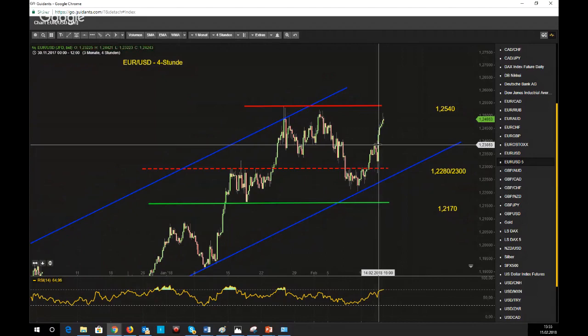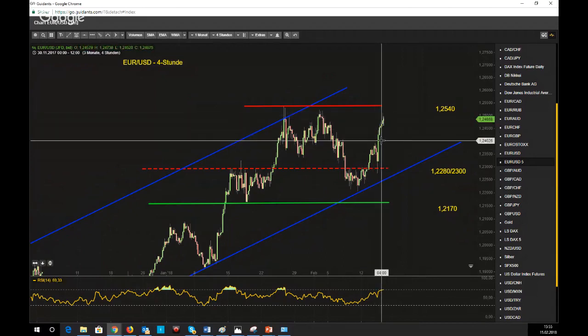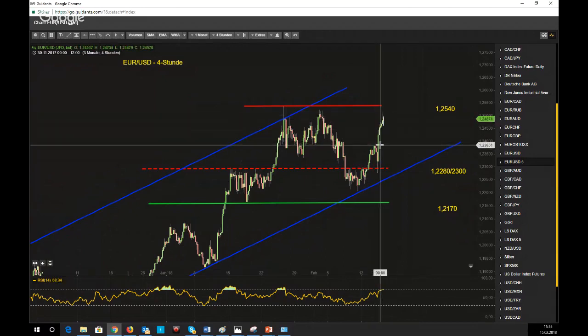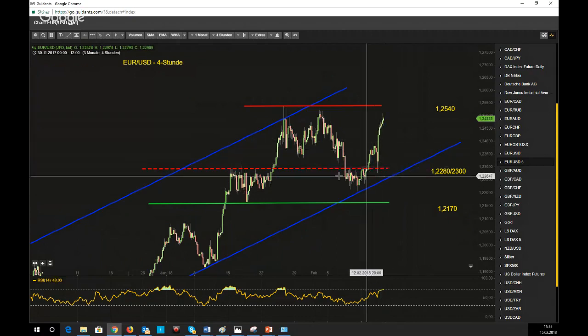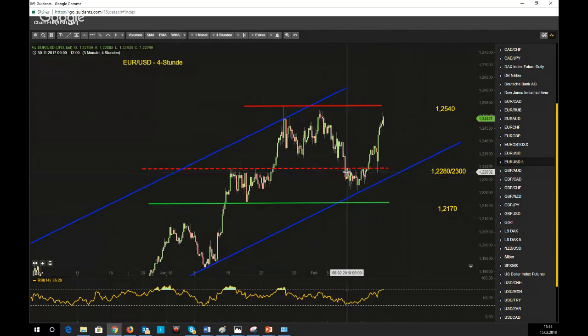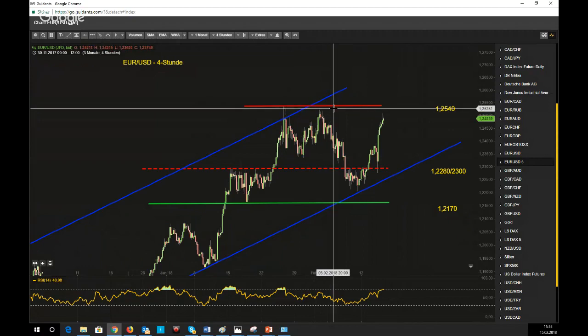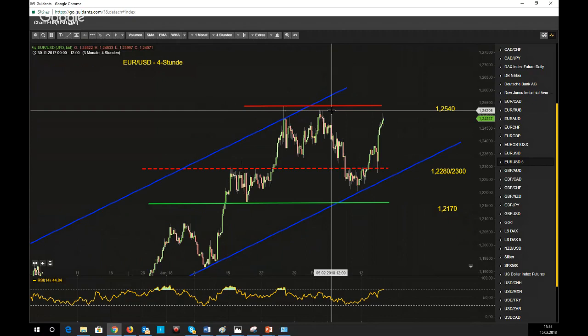So 124, 123.80. That's 100 pips from the current levels, and as long as we do not push below 122.150, I consider the overall mode to be bullish. Nevertheless, below 125, I consider the overall mode bullish with a neutral touch.